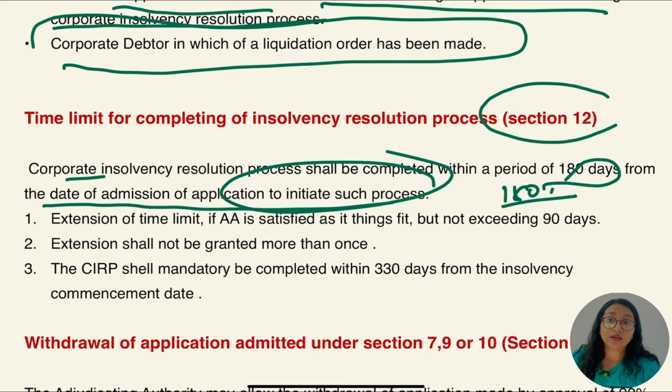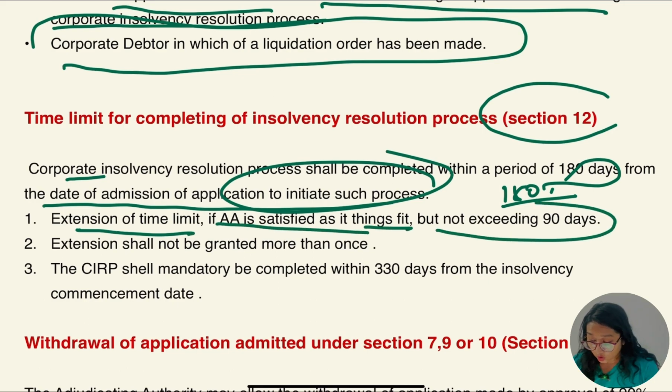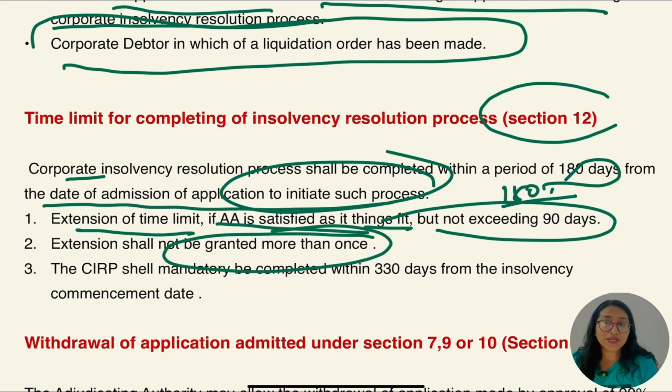Then this section is saying that the time limit for CIRP is 180 days. But is there any extension granted? Yes, extension of time limit if AA is satisfied as it thinks fit, but not exceeding 90 days. Is it clear? Yes. Extension shall not be granted more than once. So there is only one-time extension possibility.